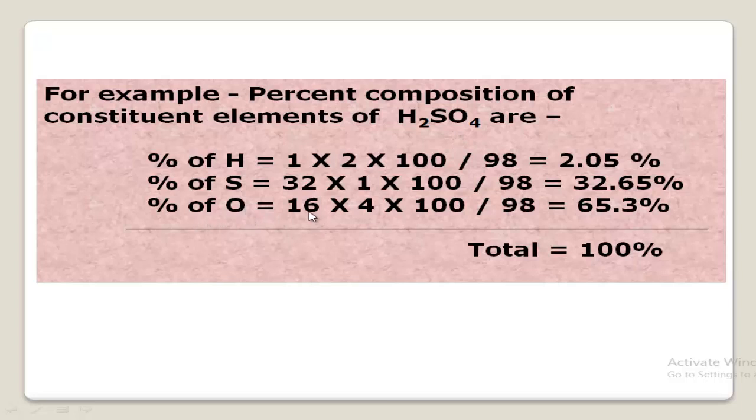Its atomic mass is 16, number of oxygen atoms is 4, times 100 divided by 98. So its percent composition will be 65.3%. Now dear students, the summation of all percent compositions of all constituent atoms of sulfuric acid is equal to 100%. So I hope you clearly understand percent composition.